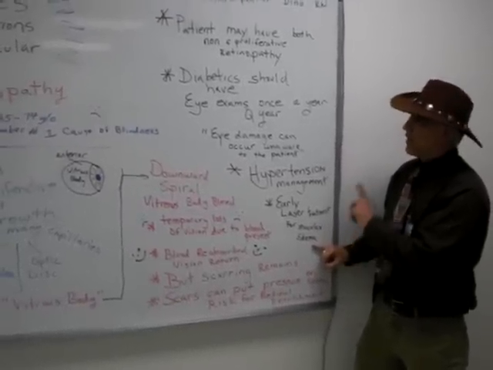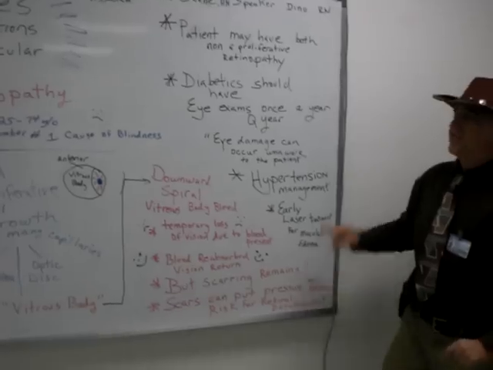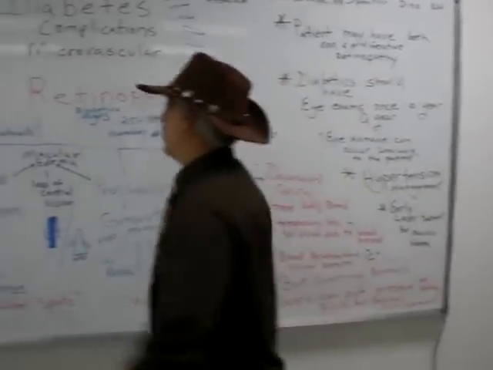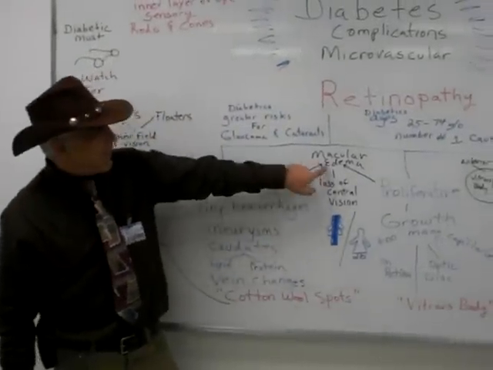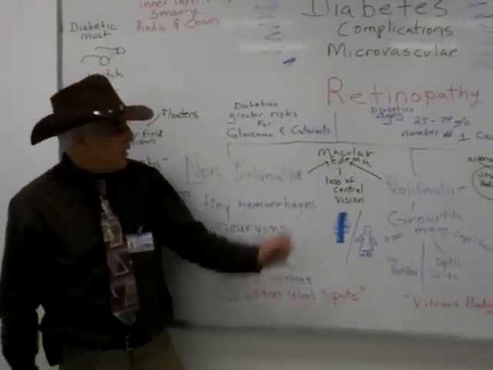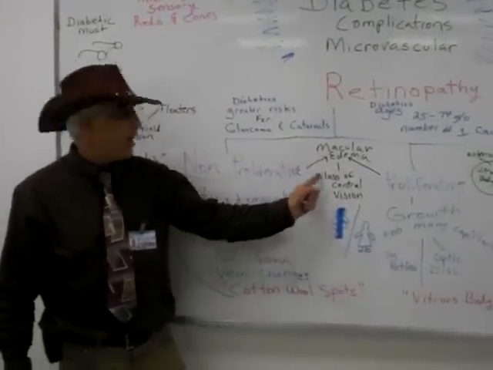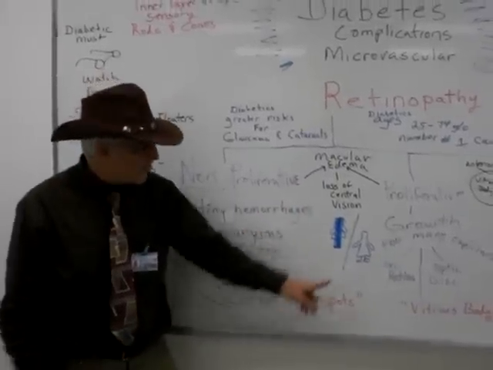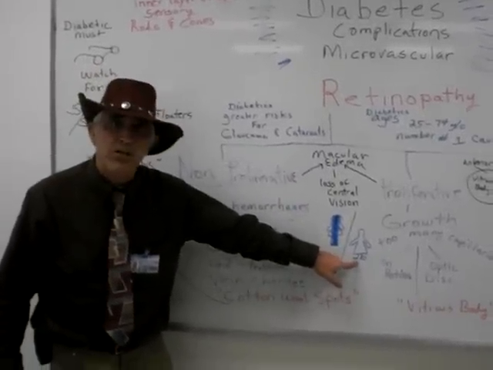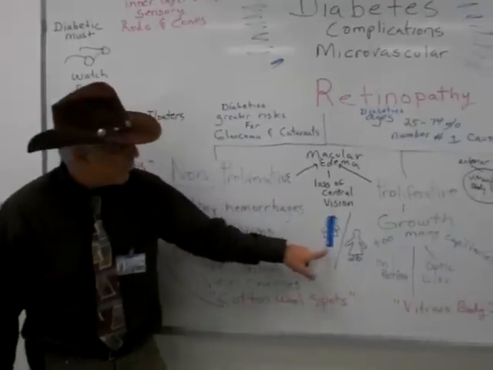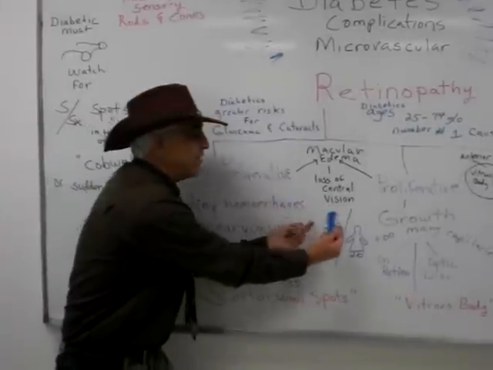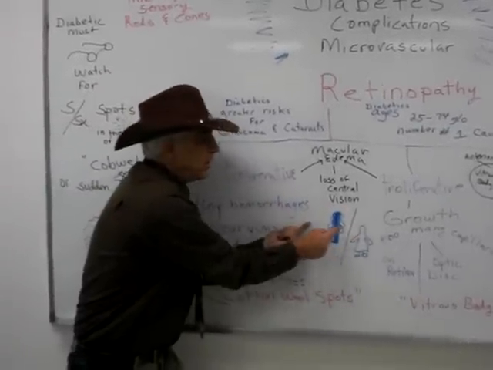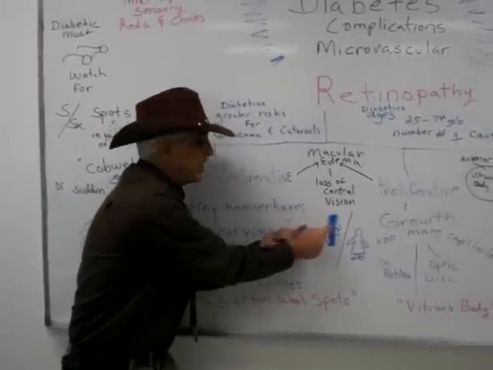Now, I want us to talk a little bit about macular edema. Okay, macular edema, loss of central vision. For instance, you can see perfectly well that person. But the person with macular edema will have intact peripheral vision, but their central vision is lost.